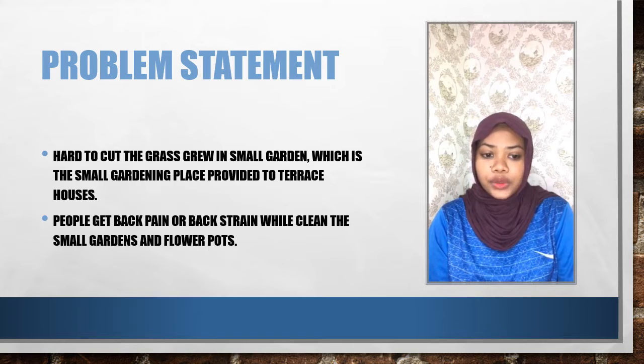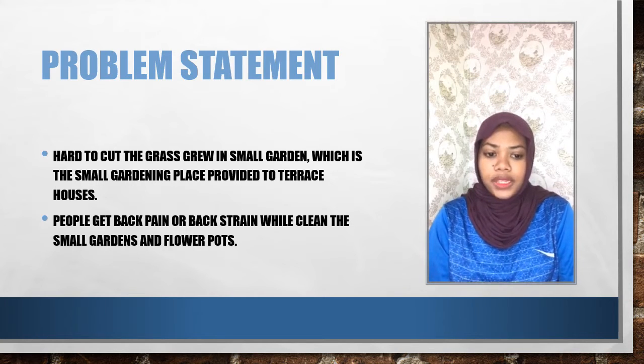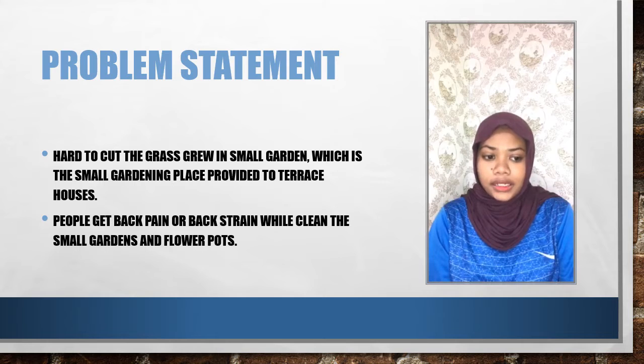I will continue this presentation about the problem statement. First, it is hard to cut the grass that grows in a small garden, which is the small gardening place provided to terrace houses. Second, people get back pain or back strain while cleaning the small garden and flower pots. Last, the traditional way takes more time to finish as it needs to plant one at a time.